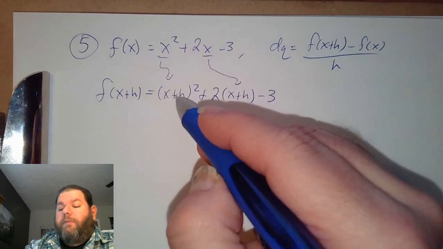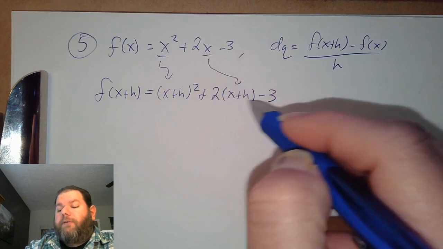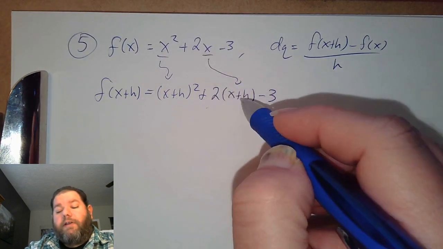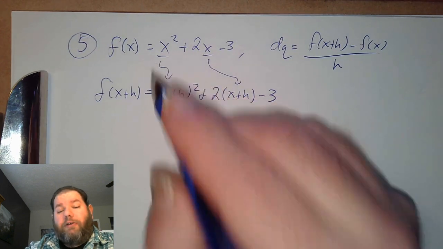So this x becomes x plus h, squared. 2x, x becomes x plus h, 2 still on the outside, but it has to now distribute, just like the square applies to the binomial rather than a single term.